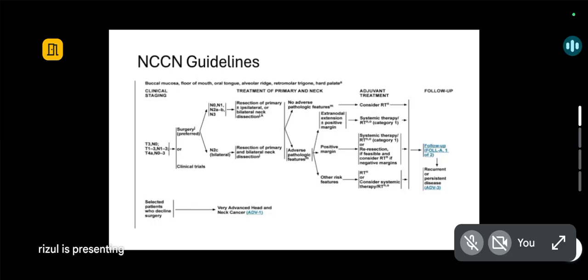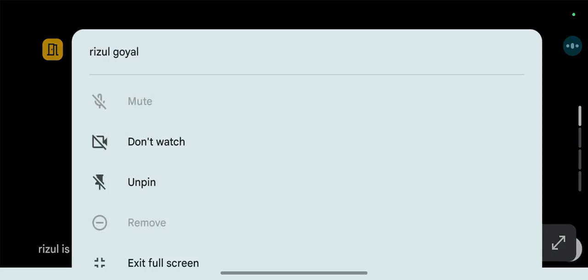Then if the disease is involving the pterygoid structures, going beyond the pterygoid extension. One more feature is encasement of the internal carotid, more than 270-degree encasement of the carotid, or involvement of mediastinal structures and prevertebral fascia.